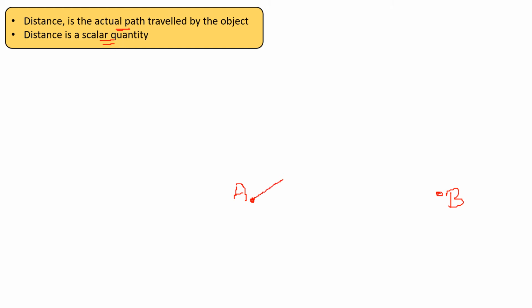Suppose now the object travels like this, and then it goes this distance, and then it goes this distance. Okay, so this becomes the actual path traveled by the object from here like this. So this is the total distance traveled by the object, and it is a scalar quantity. It has nothing to do with direction.